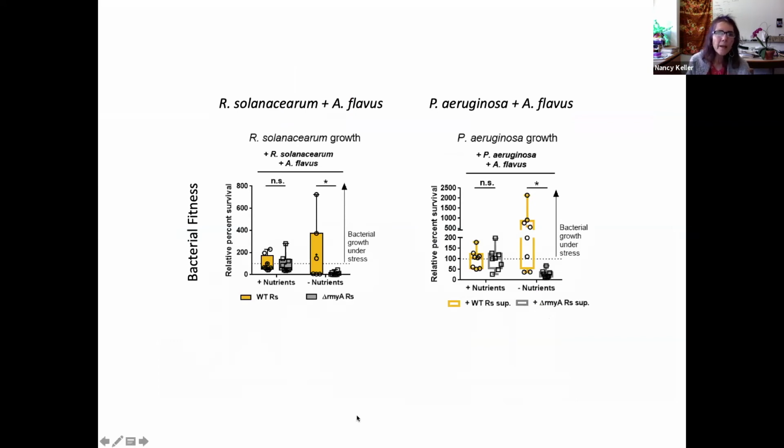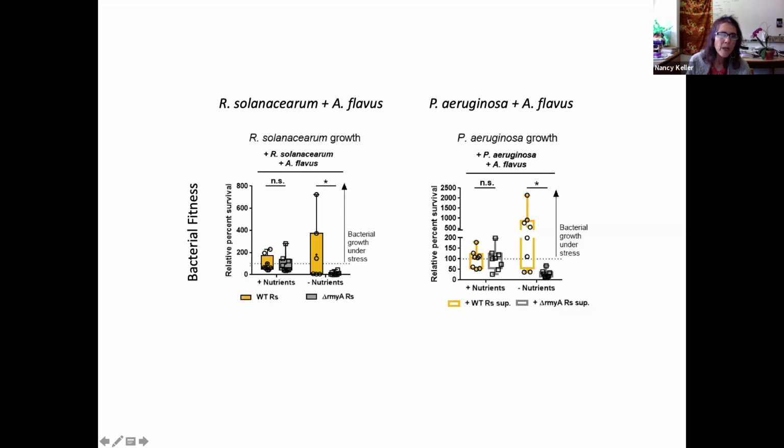And here we have an example of the impact of growing the bacterium with the fungus under starvation conditions. So what she did here, let's just look at the Ralstonia-flavus interaction. She would grow the bacterium, either a wild type bacterium that made ralsolomycin or this one that does not make ralsolomycin, so no chlamydospores.